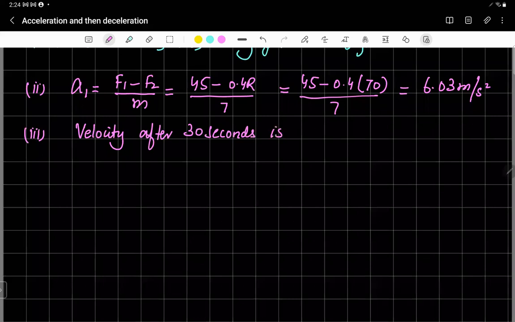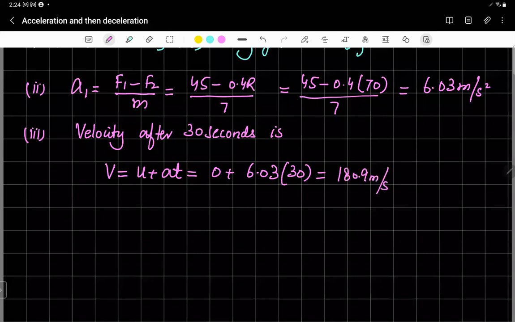V is equal to U plus at. 0 plus acceleration 6.03 and time is 30. So what is our answer? Please do the calculation. 180.9 meter per second.